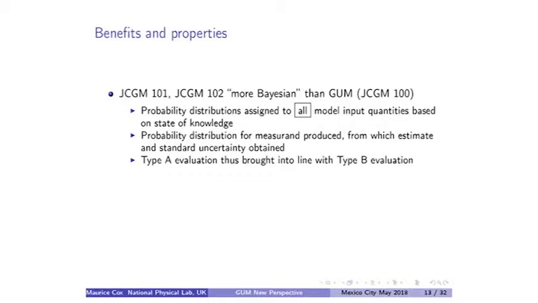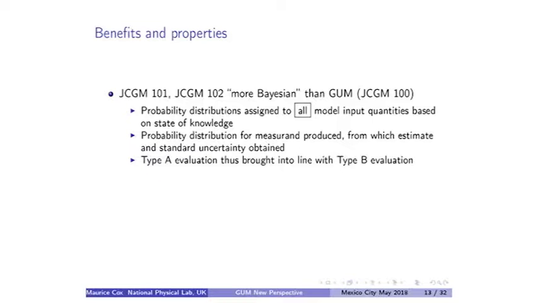What are the benefits and properties? 101 and 102 are more Bayesian. They're not completely Bayesian, but they're more Bayesian than the GUM. Probability distributions are assigned to all input quantities based on the state of knowledge of those quantities. The probability distribution for the measurand, the output quantity, is produced, from which we obtain the best estimate and the standard uncertainty.